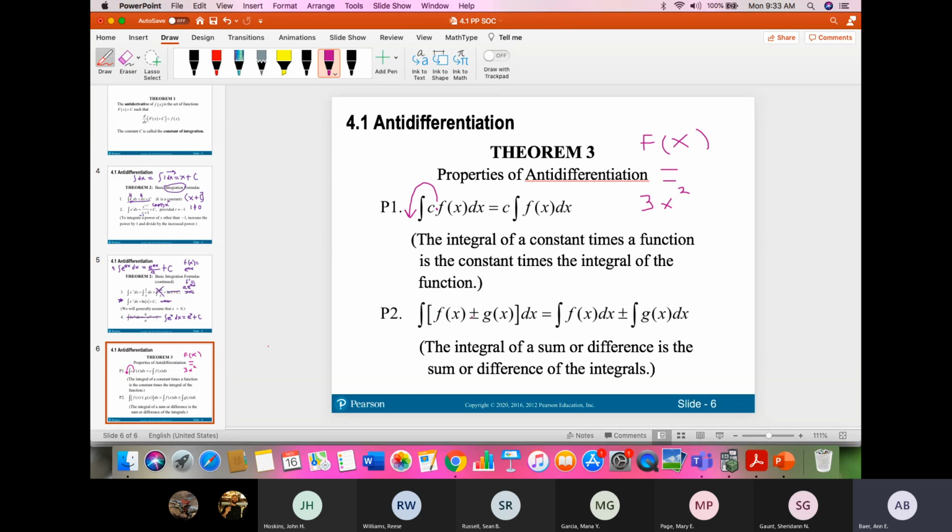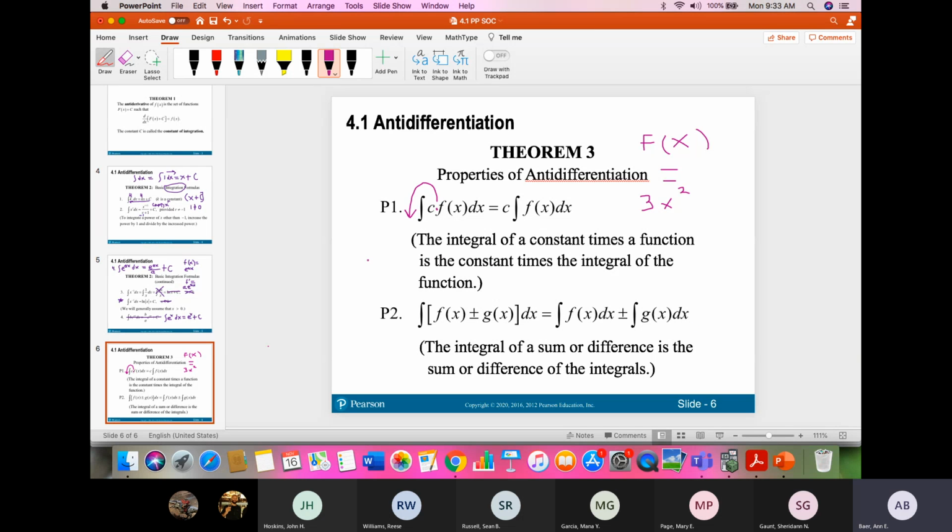We're saying, okay, if we have a plus sign, we can find the integral of f of x and then turn right around and add it to the integral of g of x. And if we have the integral of f of x minus g of x, we can first find the integral of f of x and then subtract off the integral of g of x over here.